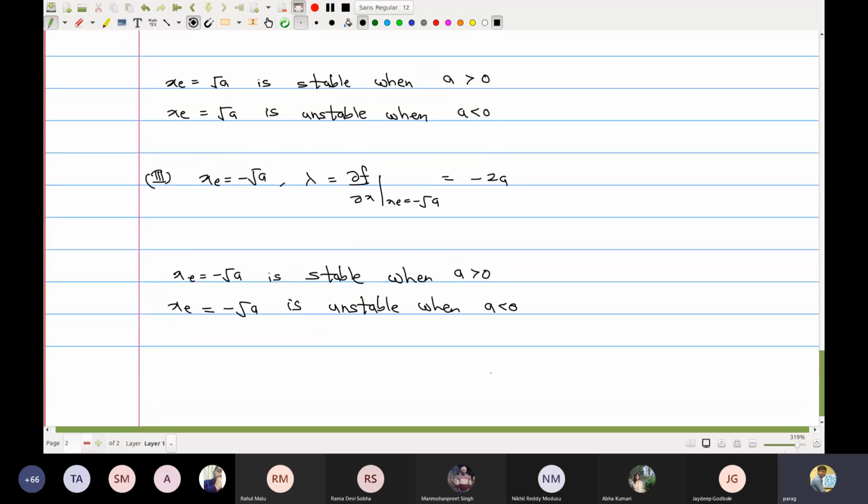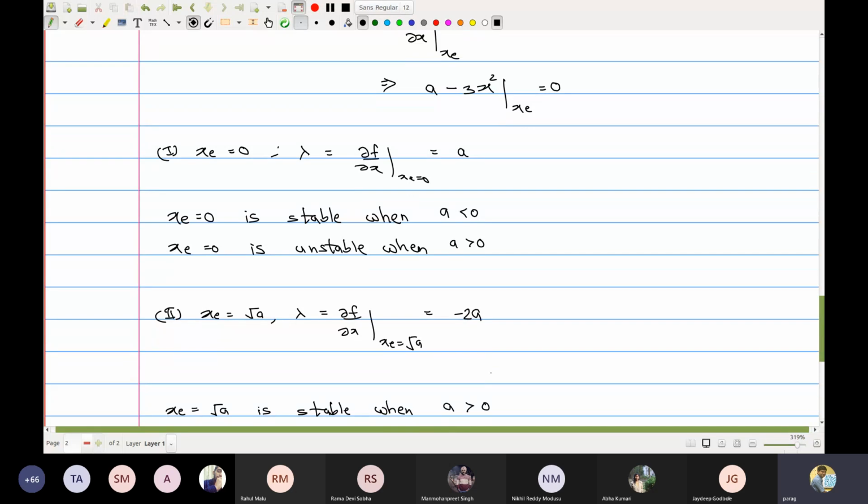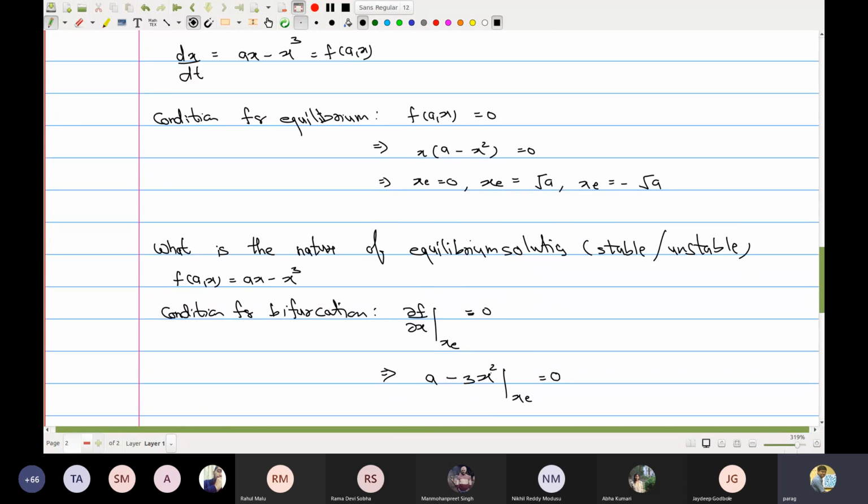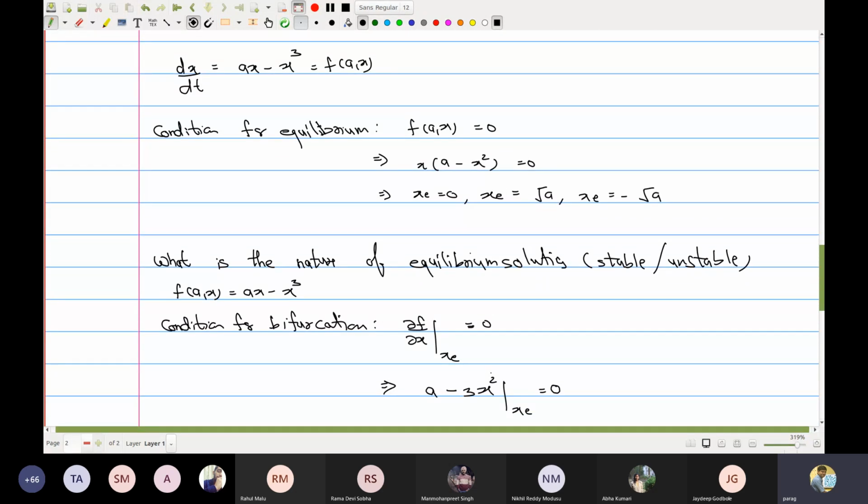Now I can incorporate all of these conditions. So let us start from the beginning. Our equation was dx by dt equals ax minus x cubed. I declared it as f of ax. The first thing for determining the bifurcation is to determine the condition for equilibrium, which was f of ax equal to 0.